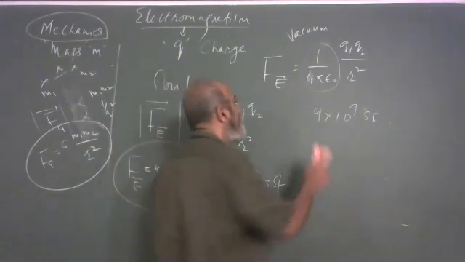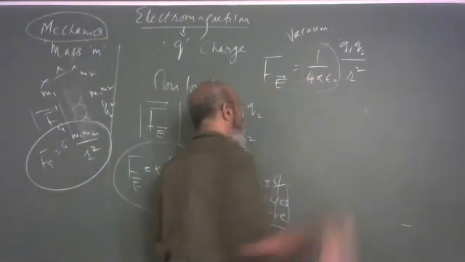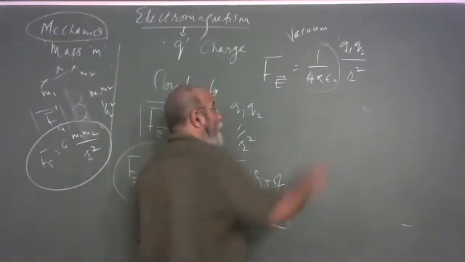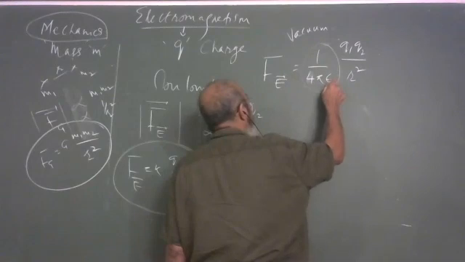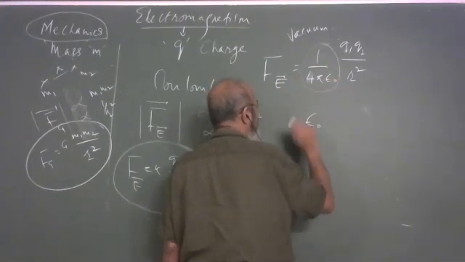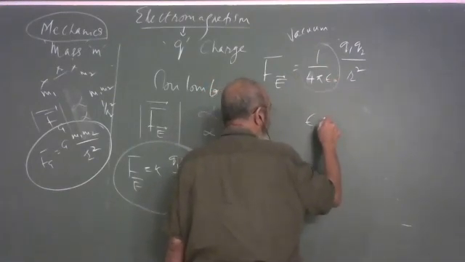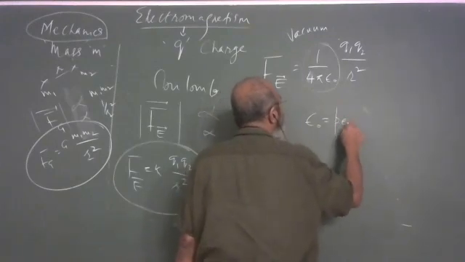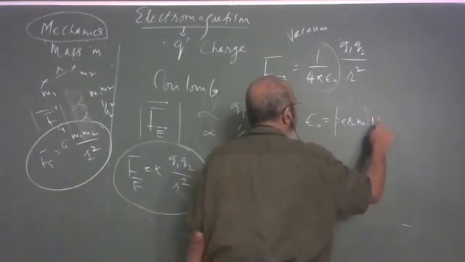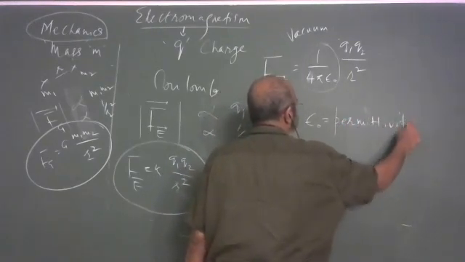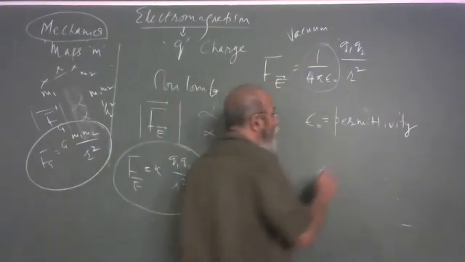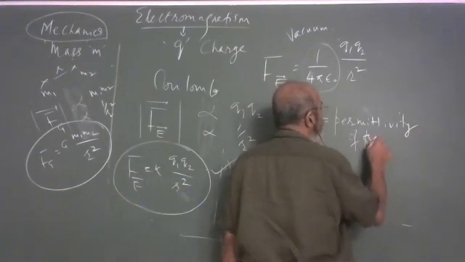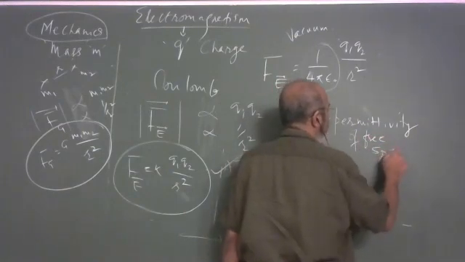Okay, now let us look at this. 1 is 1, 4 is 4, pi is pi. Epsilon naught. This was called permittivity. Since we are in a vacuum, permittivity of free space.